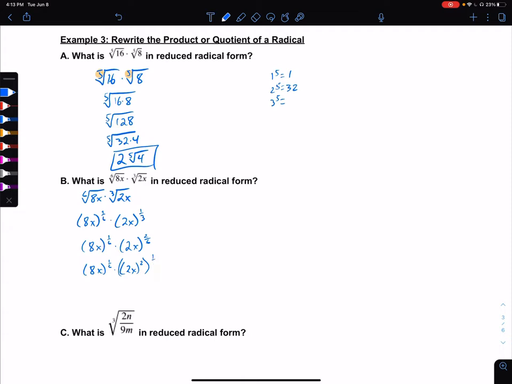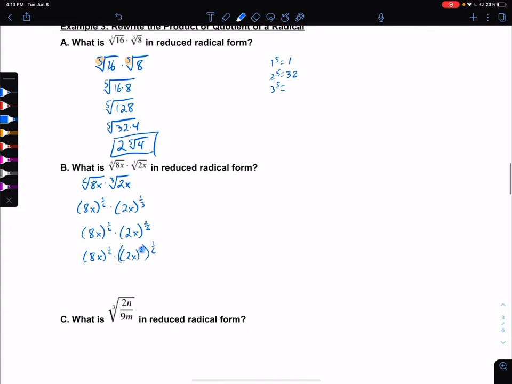Sorry, that's not a 6 in that spot. Looking at these, this 2 times 1/6 will get me back to the 2/6 where I was. I'm just using properties and manipulating this in a way that would help me out. Now we see that both of these bases are being raised to the 1/6 power. So I can write this as 8x times 2x squared, and the entire expression raised to the 1/6 power.